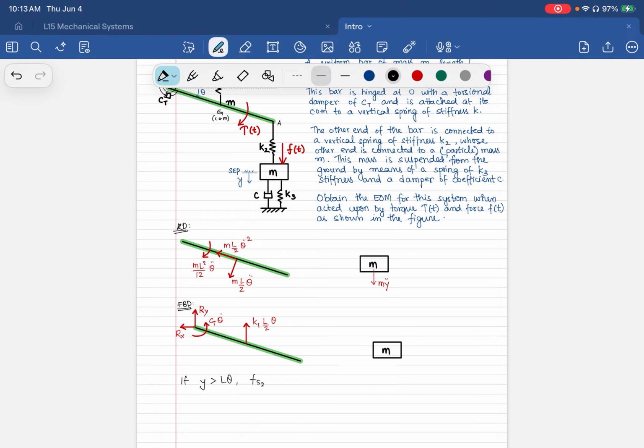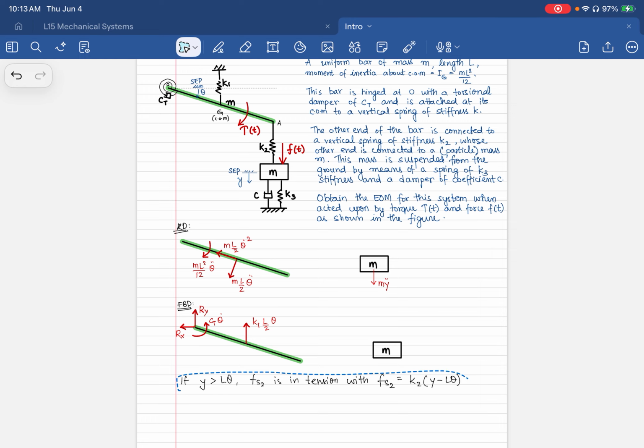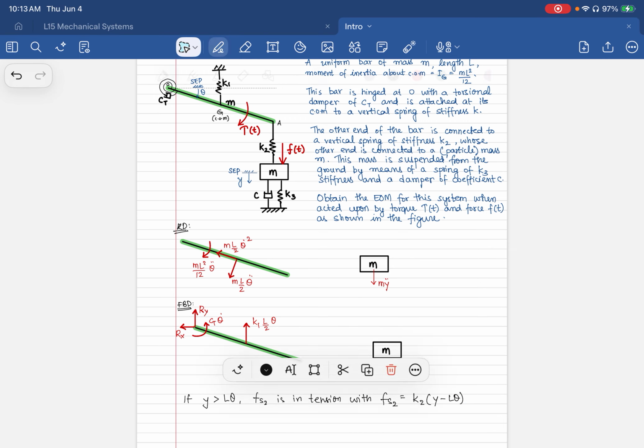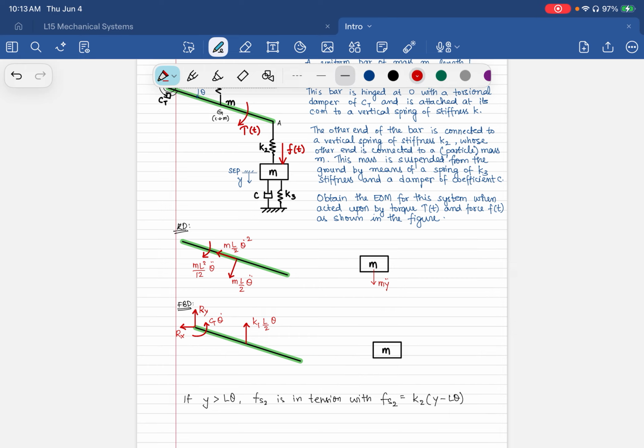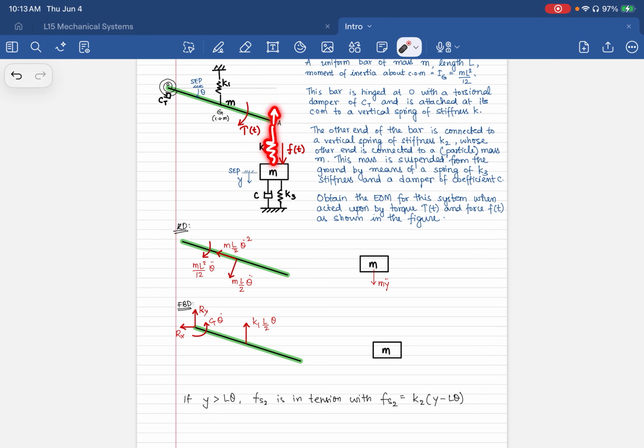Then essentially this has moved more than this, so it's in tension, with Fs2 equal to K2 times y minus L theta. So that means this spring is in tension, and the reaction of that on this one would be downward, and on this one would be upward.